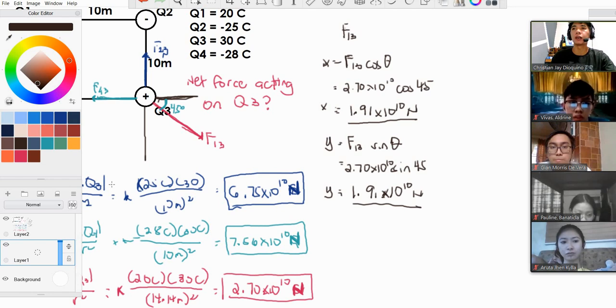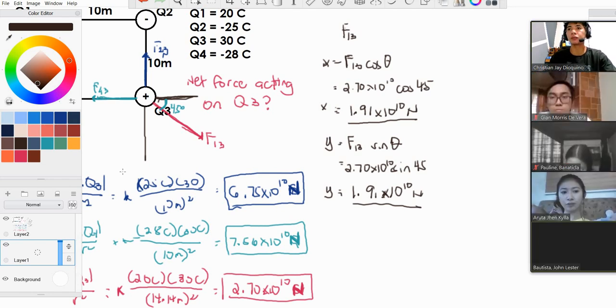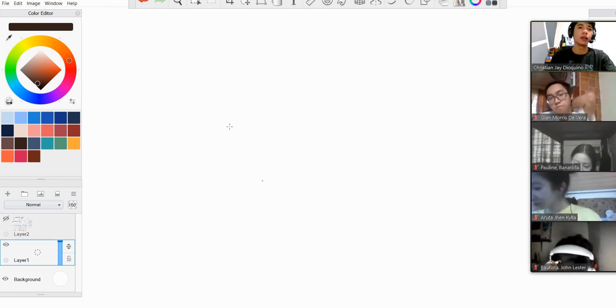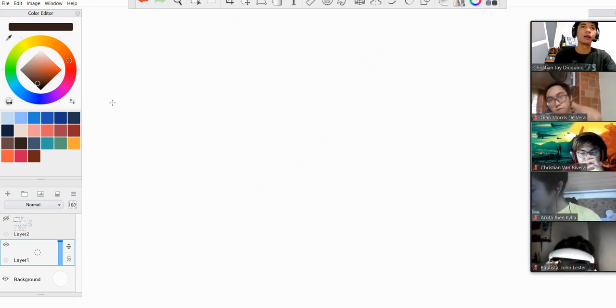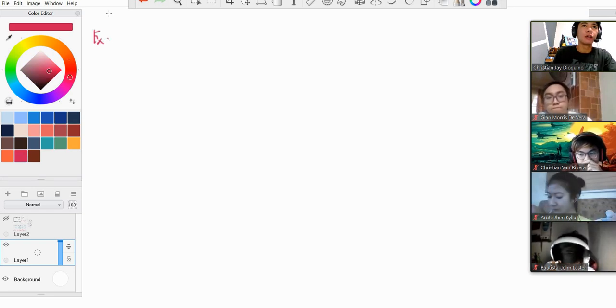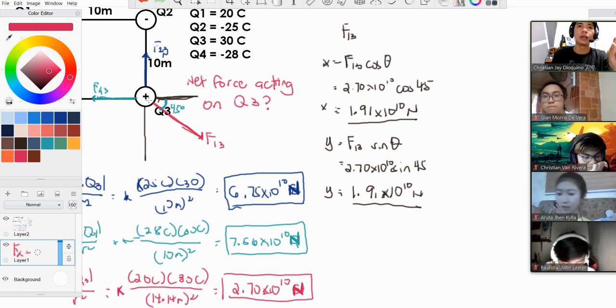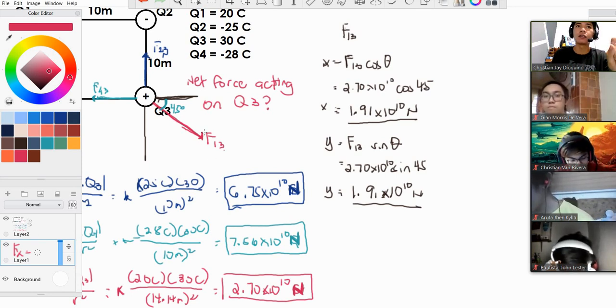F43 or F23? F43. Okay, so F43, so yun yung isasama natin dun sa x component natin na nakuha. Okay, so we have final fx is F43 which is going to the left, so negative. Then yung F13 natin is positive kasi going to the right.